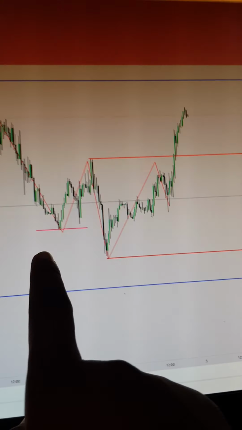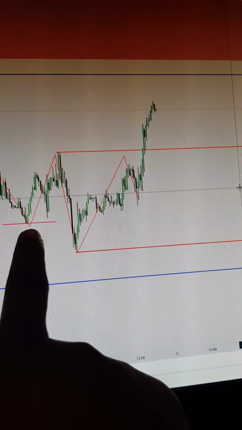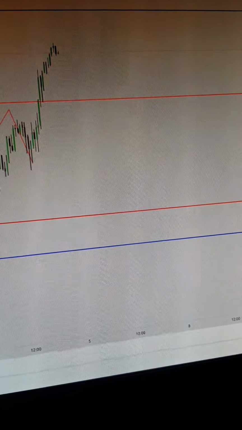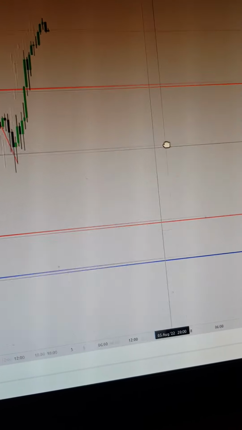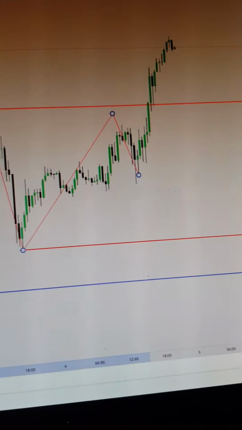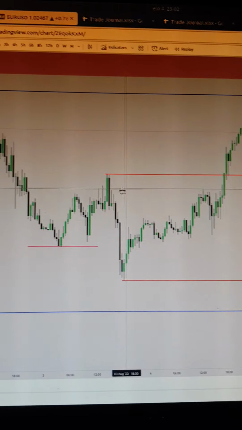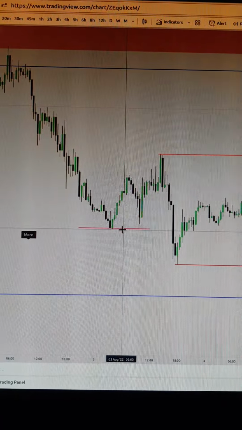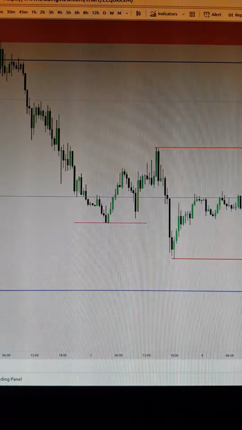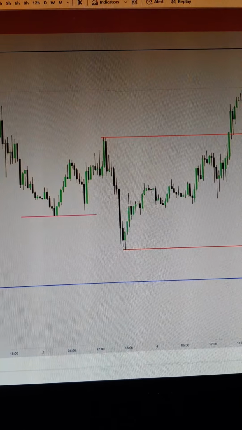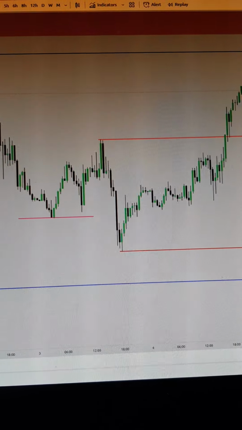Okay, so liquidity has been grabbed from this low. However, in as much as my interest is to sell on this level right here, break of market structure, we return to sell. There is another structure that has been built right here that price has left.